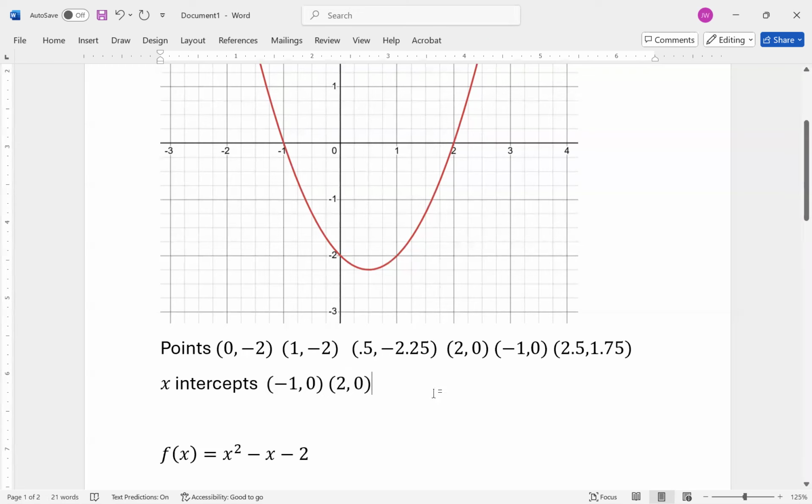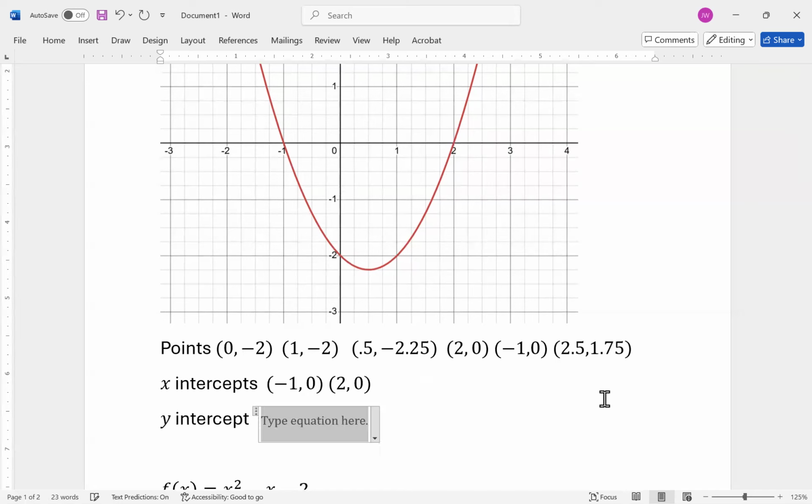So those 2 points are our x-intercepts. We have 2 of them because the graph crossed the x-axis twice. We have one y-intercept, and that's at 0, negative 2. So the y-intercept, there's only one of them, and it is 0, negative 2.